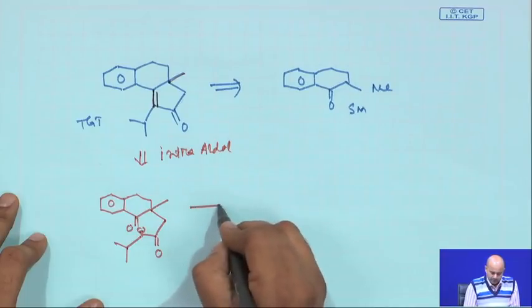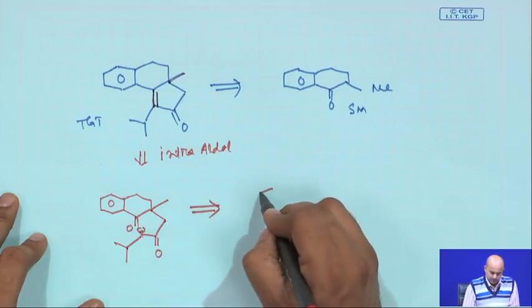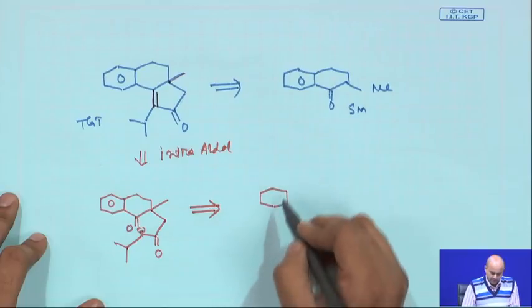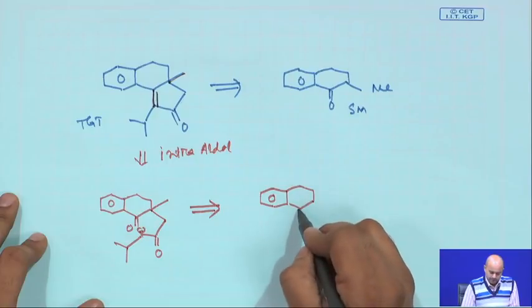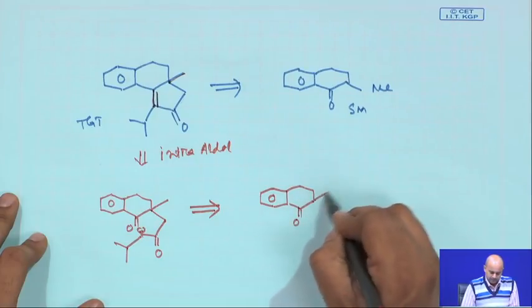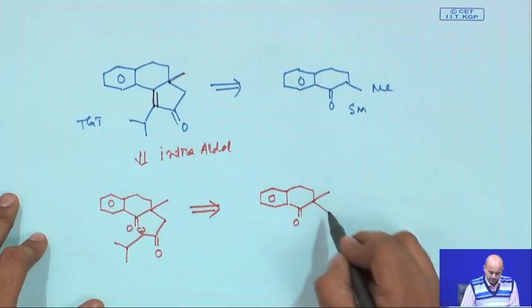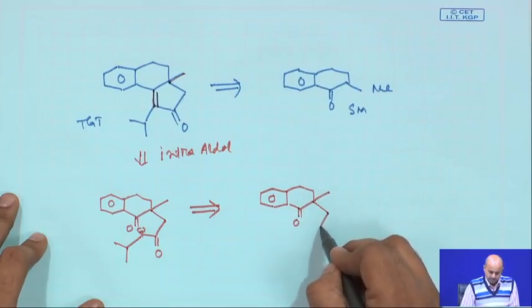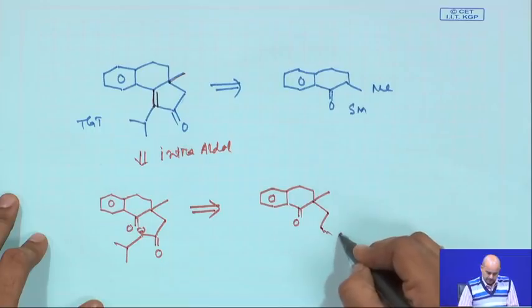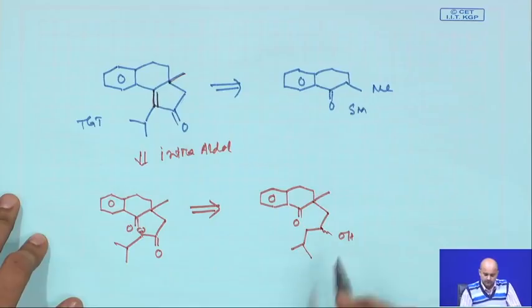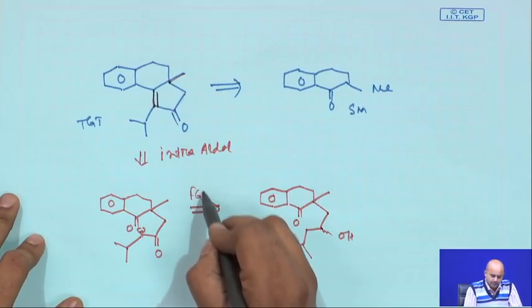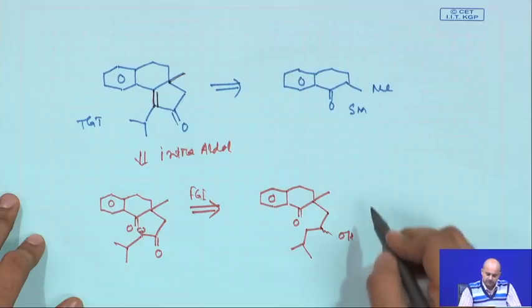Okay. Now, try to correlate this with the given starting material, how you can make it. I say this starting material can now be easily prepared if you have this compound just by an FGI, oxidation.